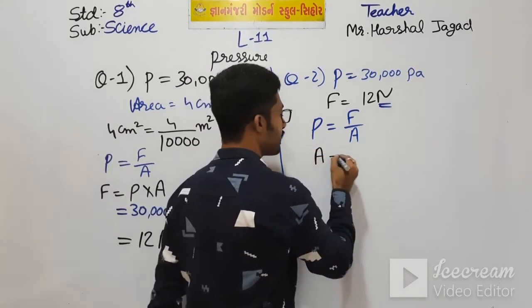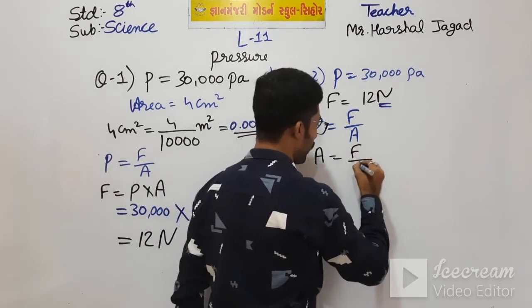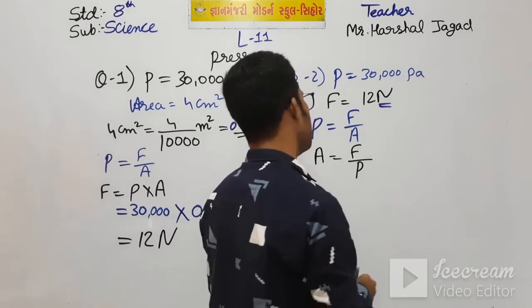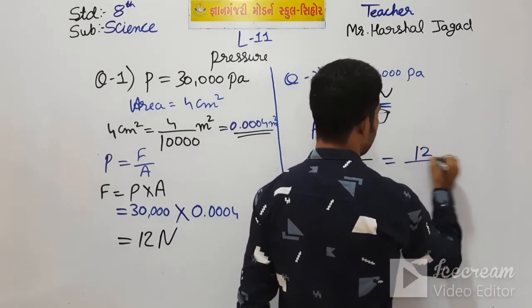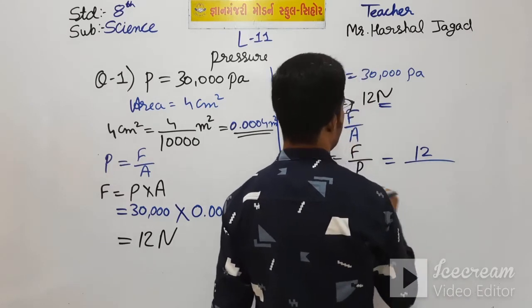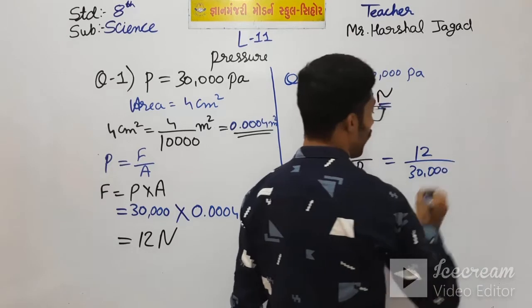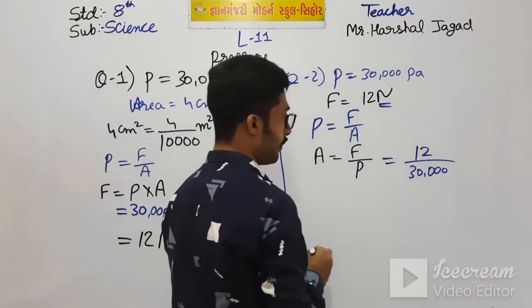So A is equal to F upon P. Okay, let's put in the values. Here the force value is 12 Newton and the pressure is 30,000 Pascals. Okay students, so let us calculate.